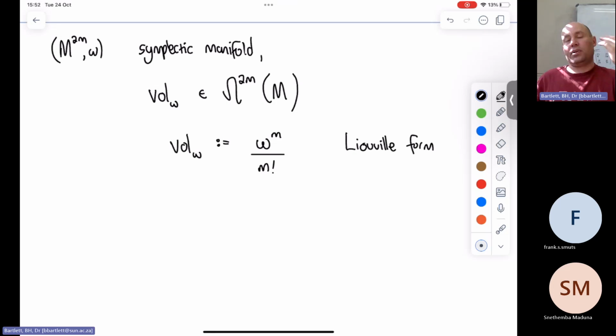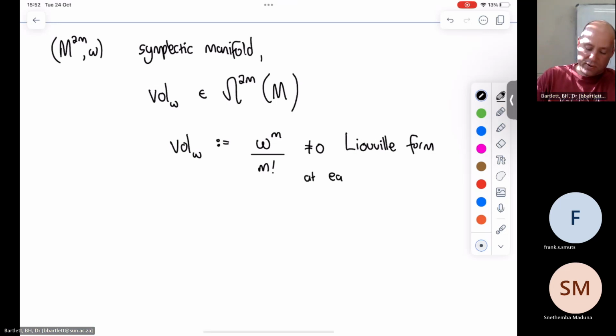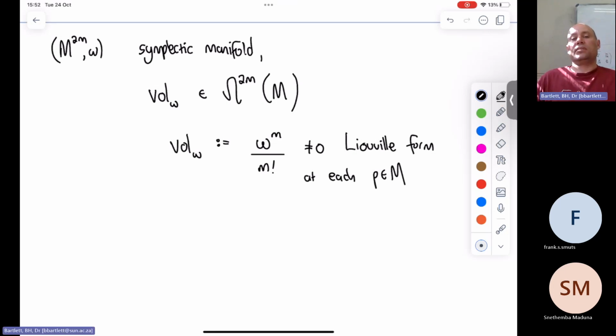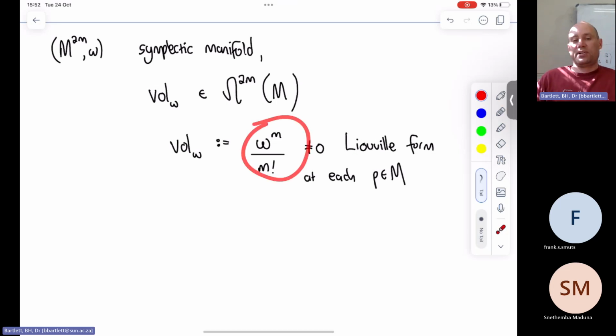And it's an element in the top exterior power of the cotangent space at each point. And it's actually non-zero. Why is it non-zero at each point? Because we agreed earlier, it was the exercise, that this guy being non-zero is equivalent to saying that omega is non-degenerate.